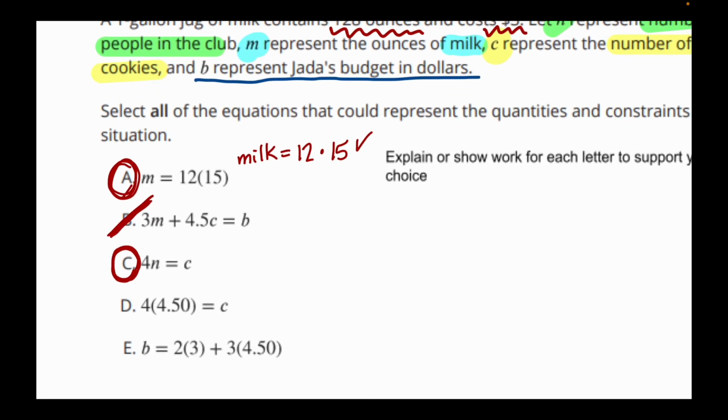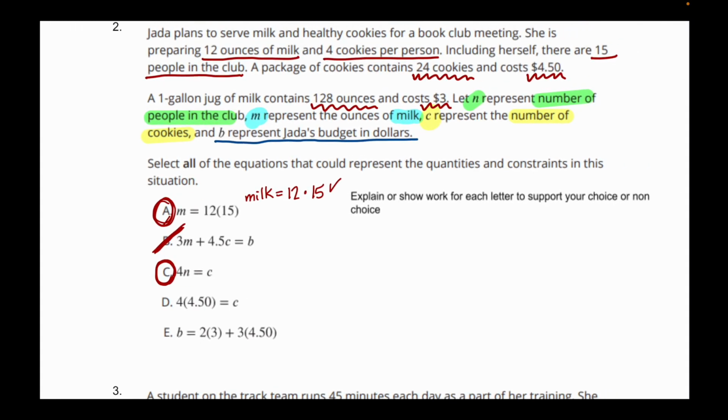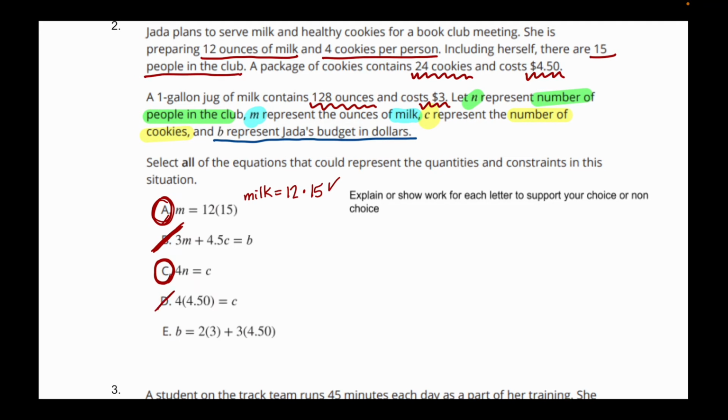Now 4 times 450 equal to C. C is the number of cookies. The number of cookies is not going to be 4 times 450, so we're not going to use D.